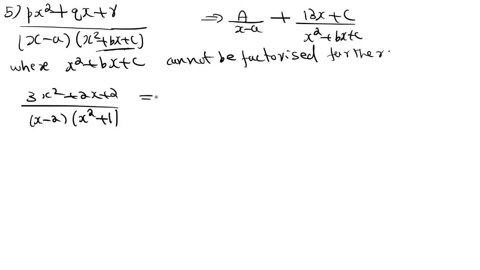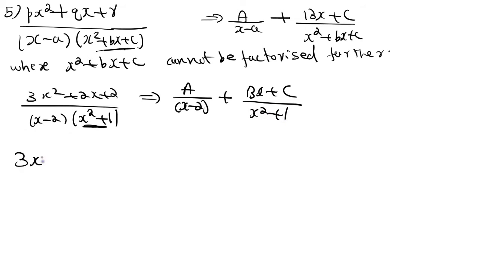We can't factorize x square plus 1 further, right? If x square minus 1 is there, you can write it as (x plus 1)(x minus 1). But here x square plus 1 is there, we can't factorize this one. So you need to write it as A divided by the first term plus (bx plus c) divided by the unfactorized term, that is x square plus 1. Okay, like this you need to write.